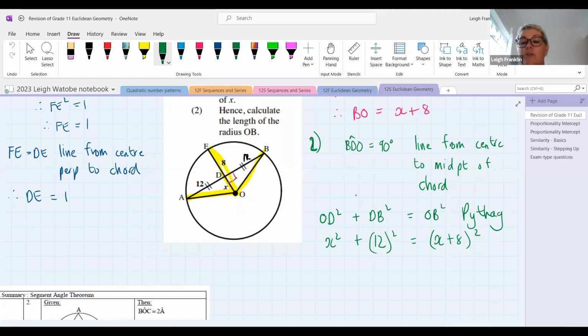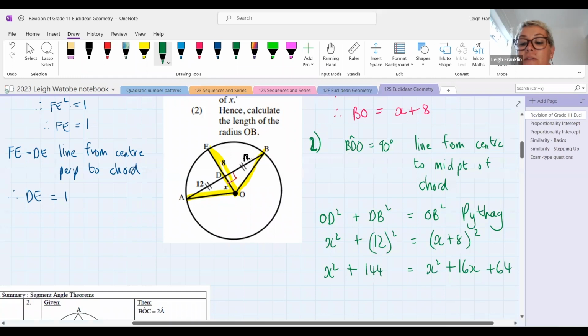So now I'm going to expand all my brackets. This is going to give me x squared plus 144 equals, now I'm squaring my binomial, so that gives me x squared plus 16x plus 64.